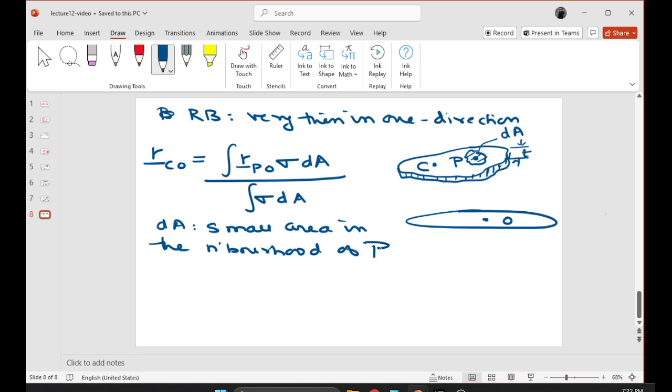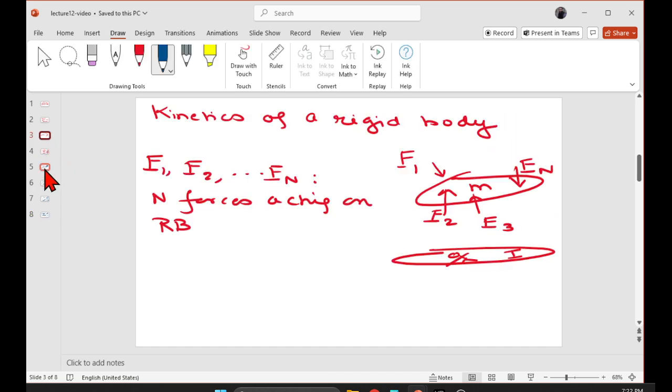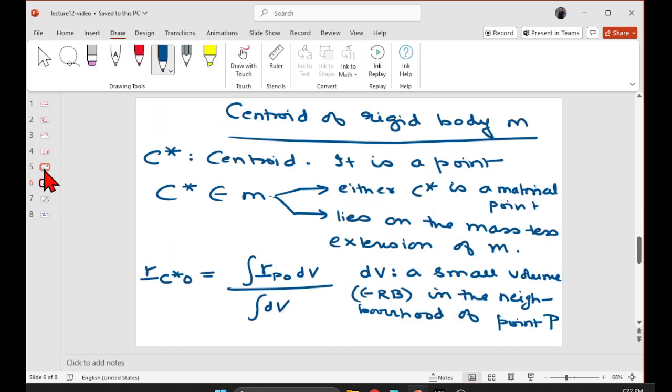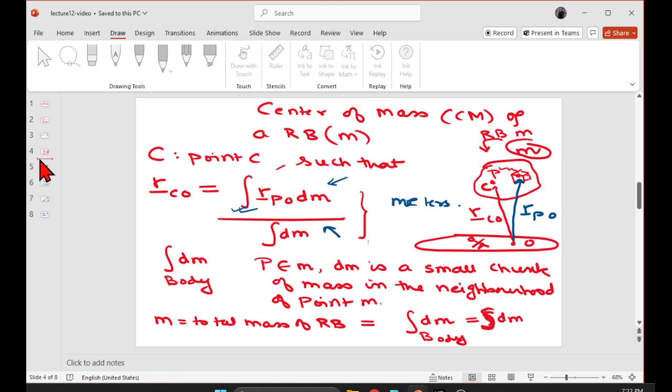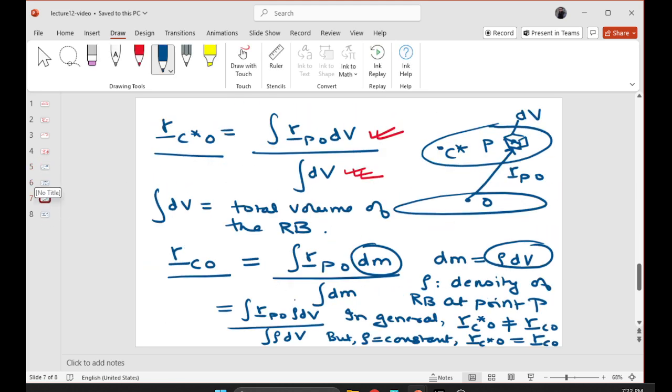Of P, neighborhood of P. Sigma is the local area density. So its SI units will be kg per meter square. Whereas in the original definition, when I expressed the center of mass in terms of density, this quantity is kg per meter cube.